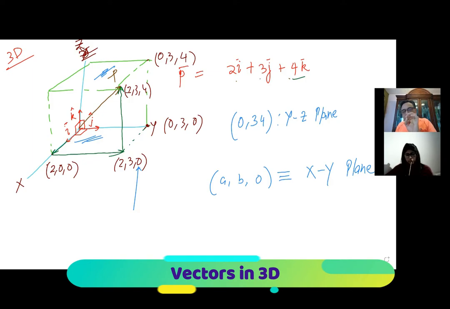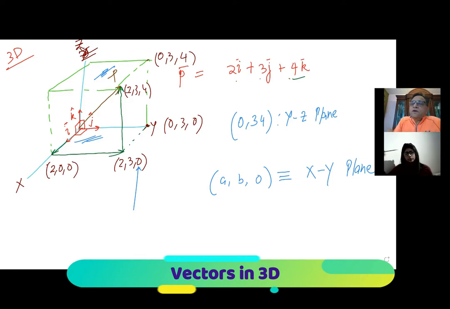So you did not move in that direction. That means you were not in that plane. It becomes a 2D figure then. That makes sense. So if it is 0 in the coordinate, it means that you didn't move in the direction that it was 0 in. Correct.